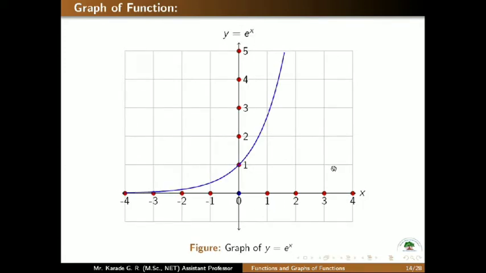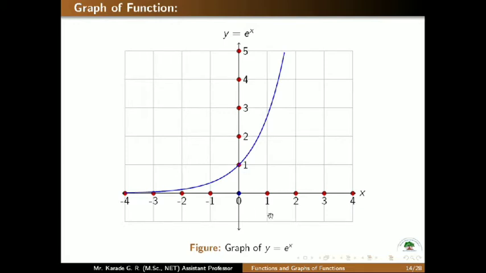Now next see the exponential function e raised to the power x. So see the graph of that function. If we observe the graph of this function going from left to right, as values of x go on increasing, the values of the function e raised to the power x go on increasing. So we say that this function is an increasing function.